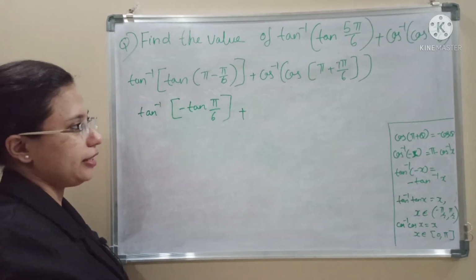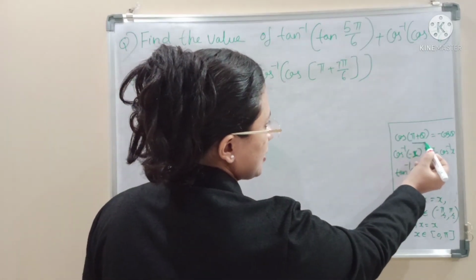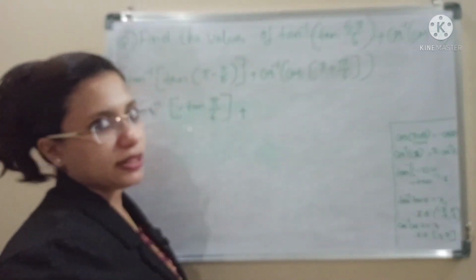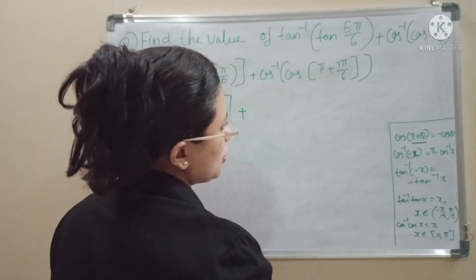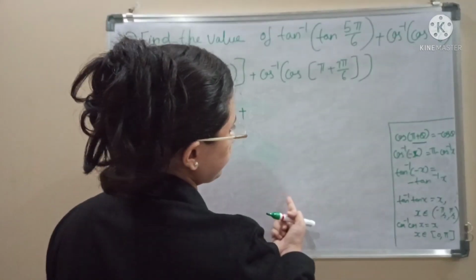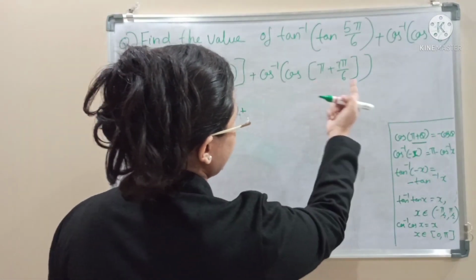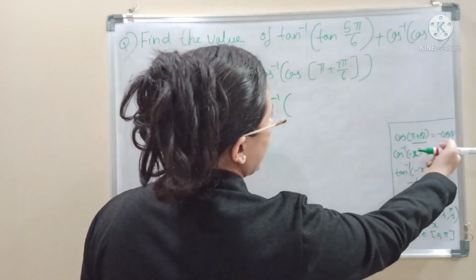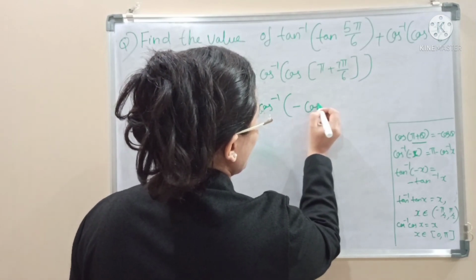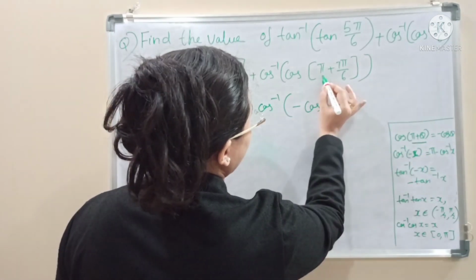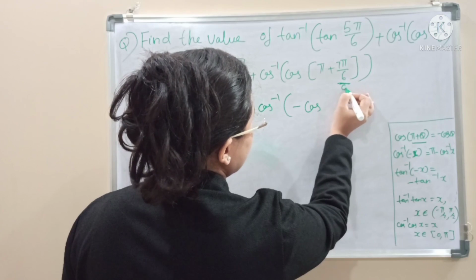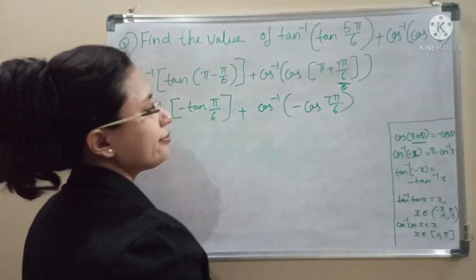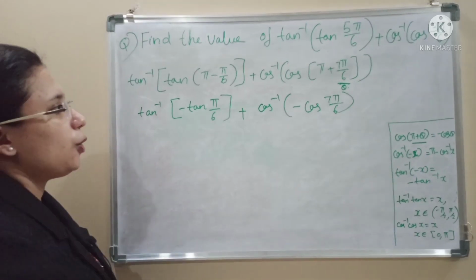We have a property, cos(π plus θ) equals minus cos θ. So when we apply this property here, it will be cos inverse of minus cos θ, where π plus θ value is this, so 7π/6. Clear?